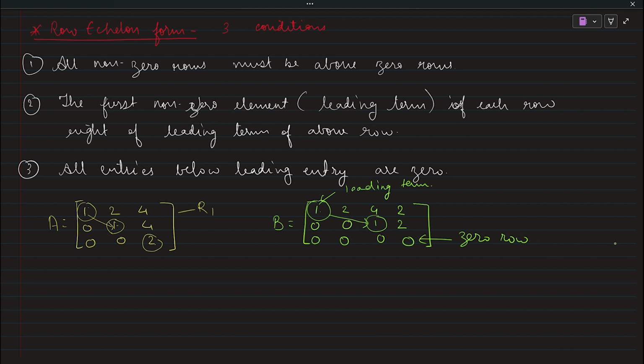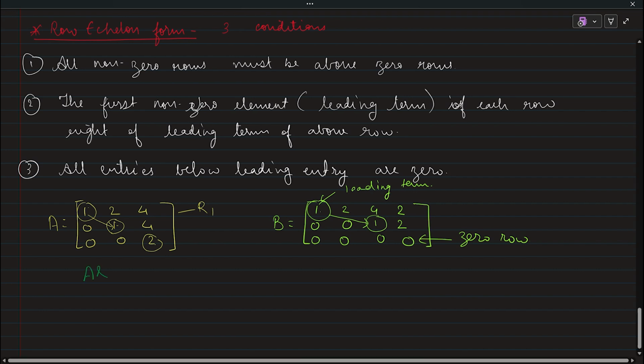All the entries below leading terms must be 0. So for this leading term, all the entries below it are 0. And here also the leading term is 1. So below the leading entry, all elements are 0. That means A and B are in row echelon form.